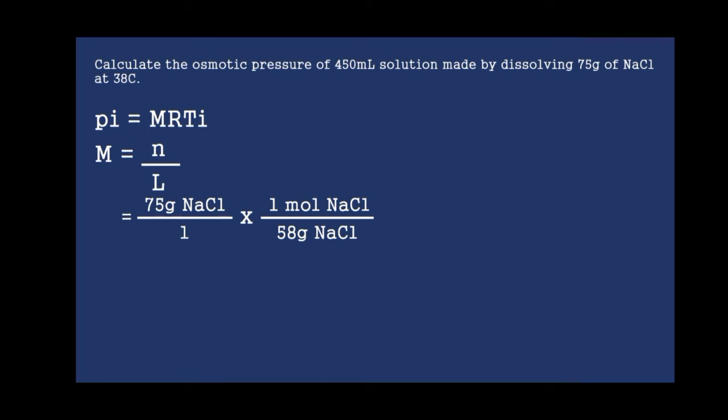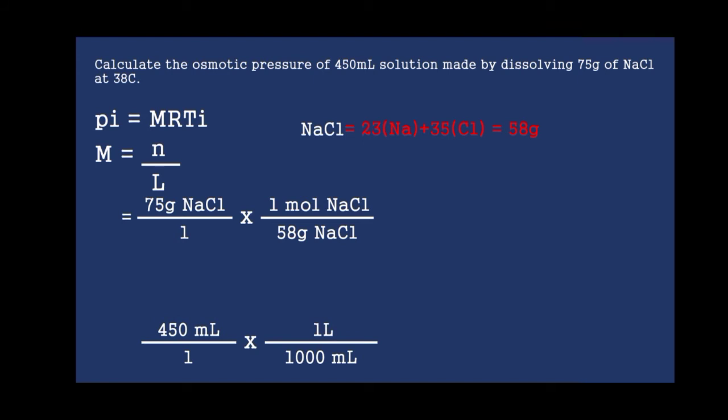The 58 grams comes from the molar mass of NaCl, in which 23 grams of sodium plus 35 grams of chlorine is equal to 58 grams of salt. Since the given volume is in milliliters, we're going to convert it into liters. So 450 mL over 1, times 1 liter per 1000 milliliters, is equal to 0.45 liters.